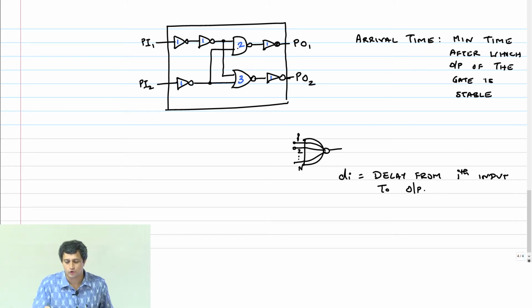Typically in whatever I've shown here, this 2 is the same for both inputs. It doesn't matter which input to output we are looking at, the delay is only 2. In most cases, this di is similar.